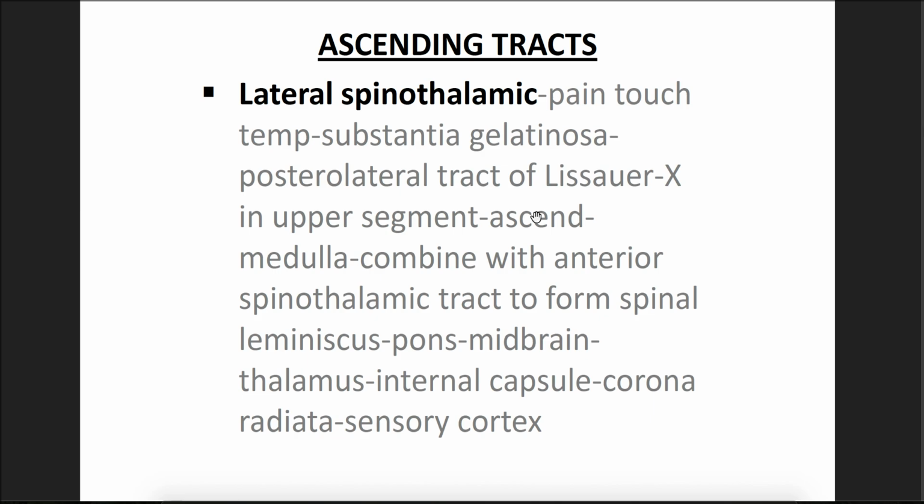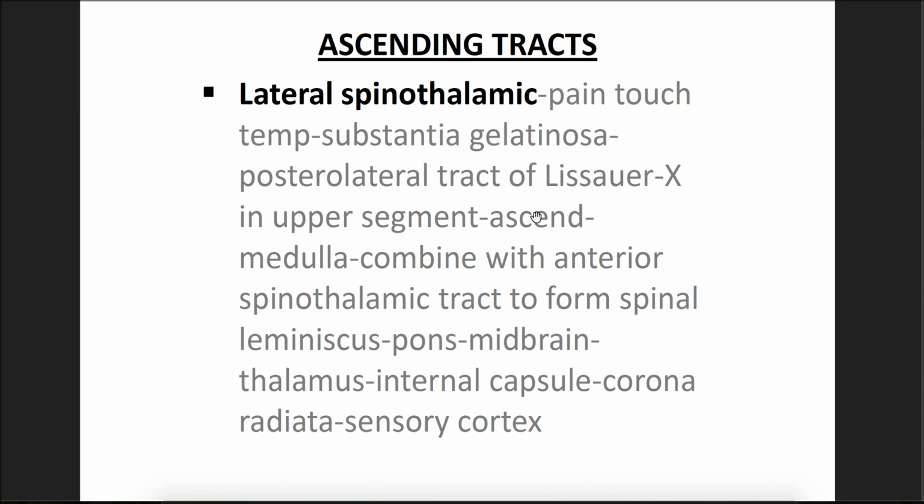And once these nerve fibers enter the substantia gelatinosa, they will then ascend a few segments up and a few segments below that level and cross to the opposite side. This fiber system of ascending and descending and crossing to the opposite side, we call the posterolateral tract of Lissauer.